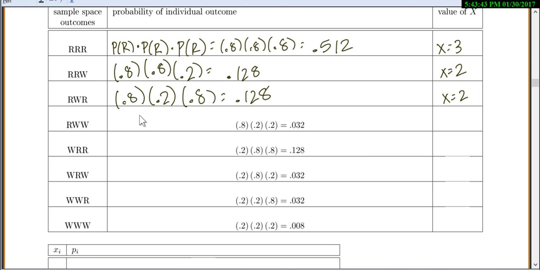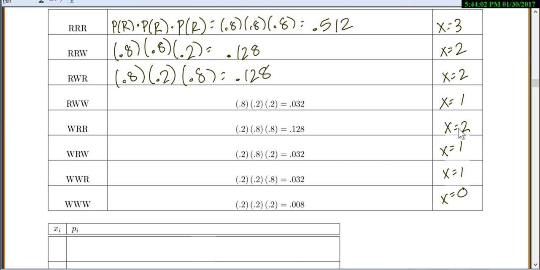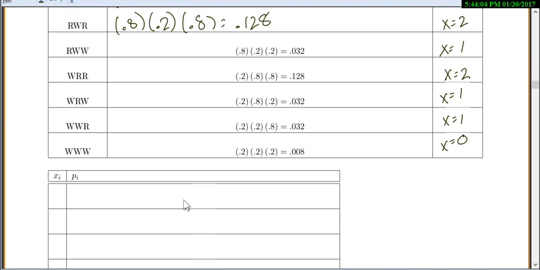Just count the number of rights on each one. And as you went through, you should be getting numbers ranging from 0 to 3.